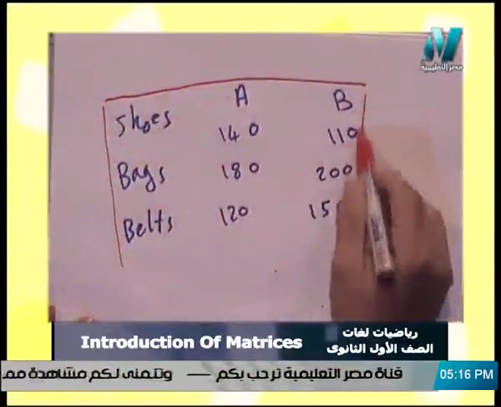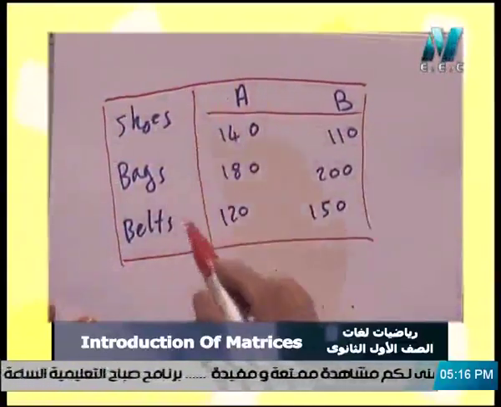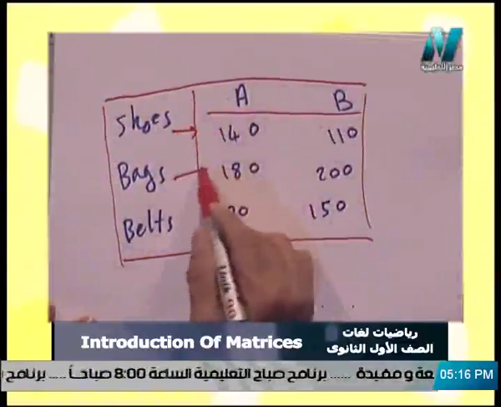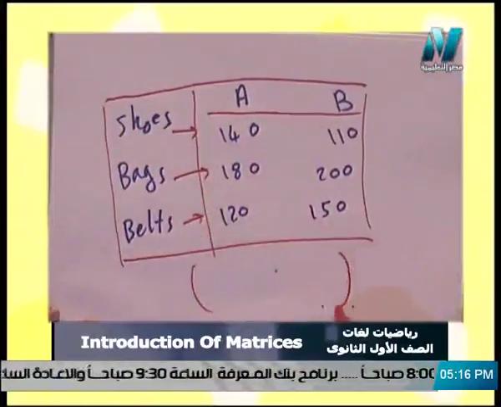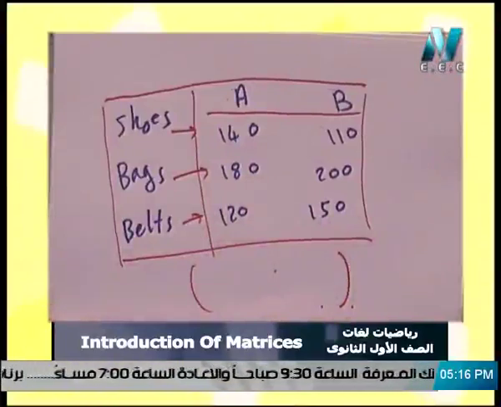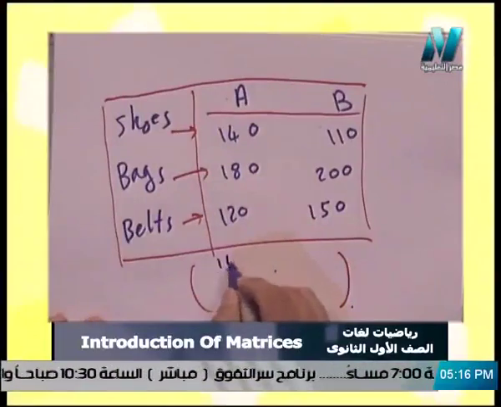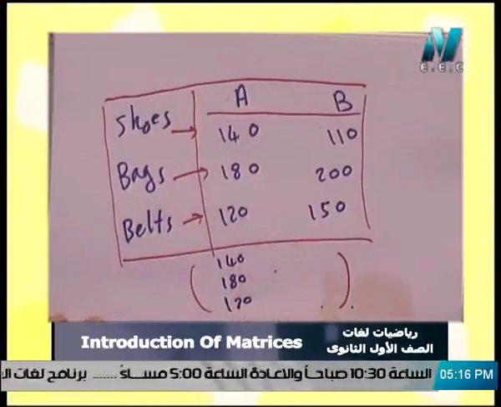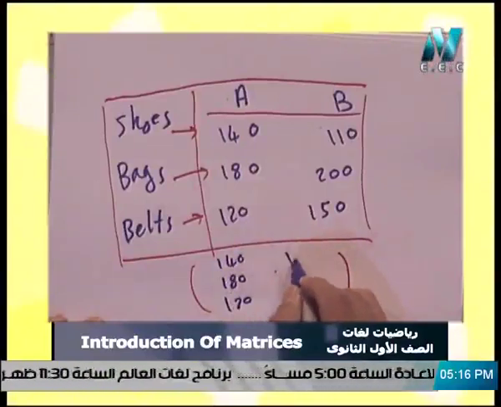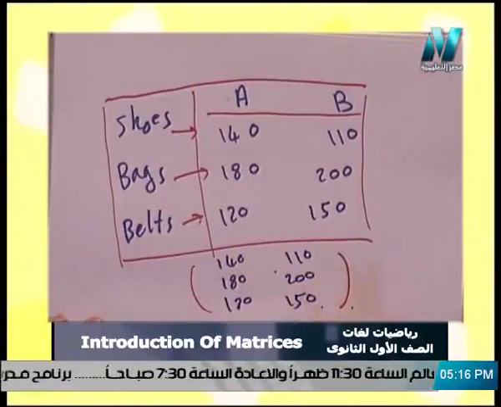We can consider them as a table here. And we can write them as a matrix here like that. We write 140, 180, 120, and this side we write 110, 200, 150.